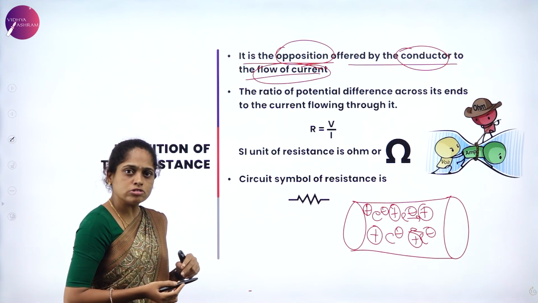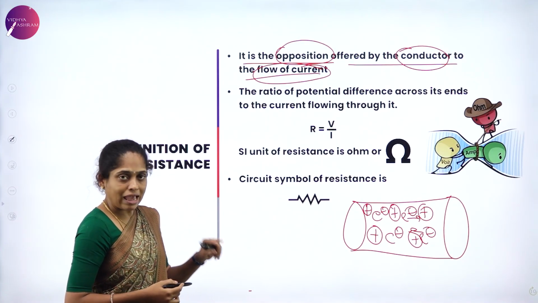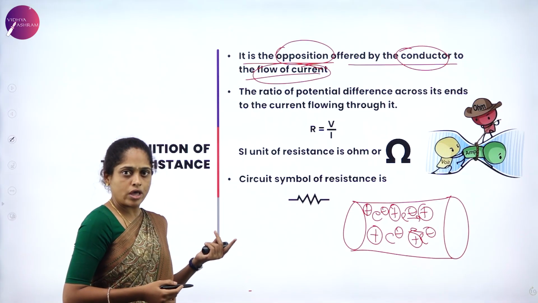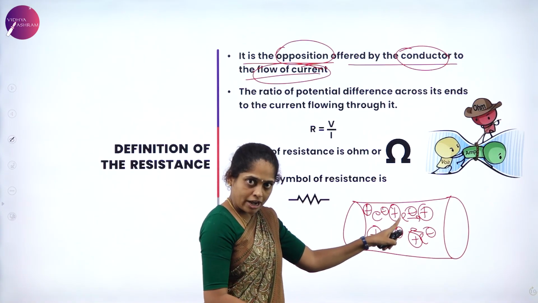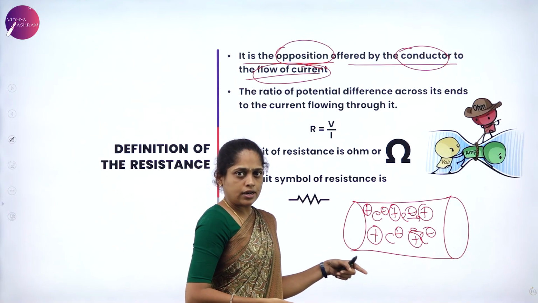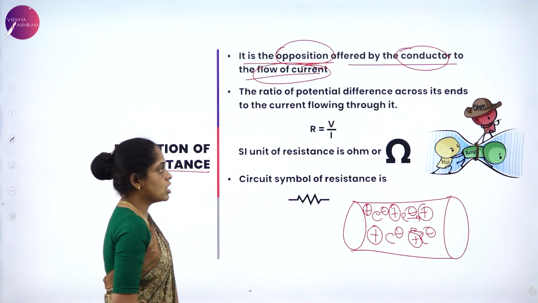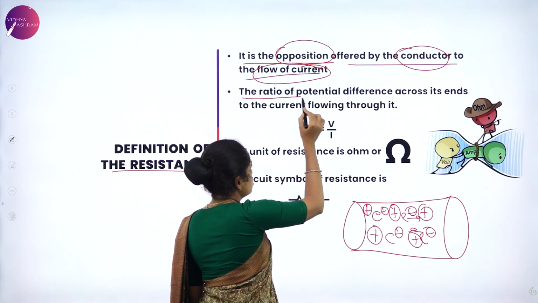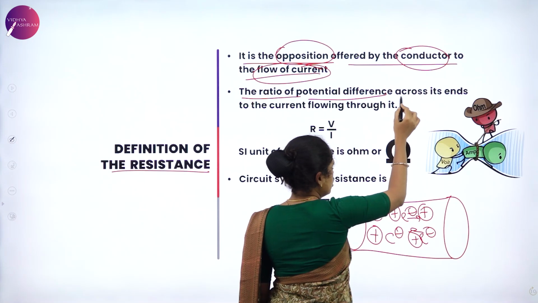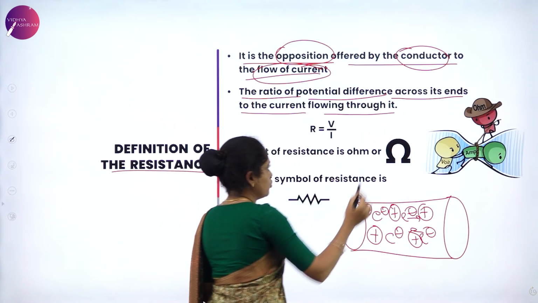In what form is the opposition? In the form of collision. Collision between the electrons and the positive ions is the opposition for the flow of electrons in the conductor, that is itself the resistance. Resistance is also defined as the ratio of potential difference across its ends to the current flowing through it.